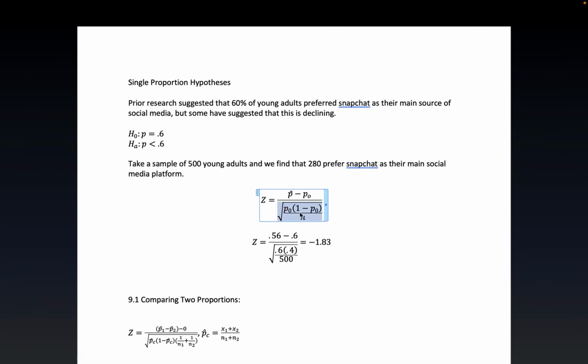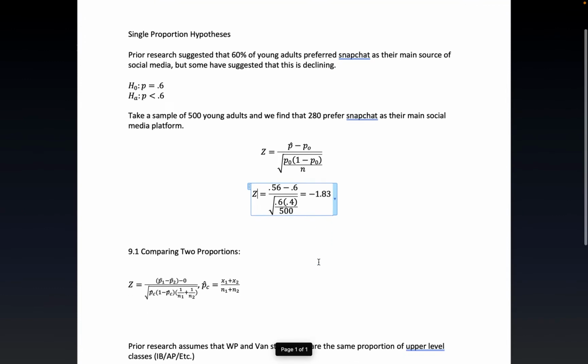The sample is the new information, so we shouldn't be basing our standard deviation on the new information. So here's that all plugged in, and we get a z-value of negative 1.83, and we would then run to our z-table, find its associated p-value, and then make a conclusion from there.